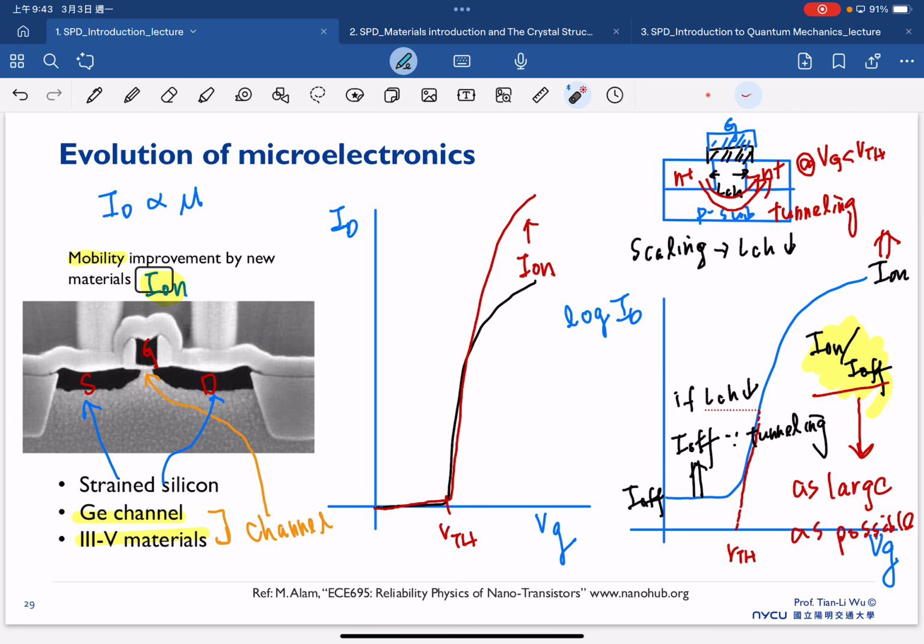But luckily for us semiconductor engineers, to be honest, we don't really need very complicated quantum mechanics. What we really need is to explain how a carrier, an electron or hole, can transport from one region to the other, even if there's no bias, even if there's a barrier.